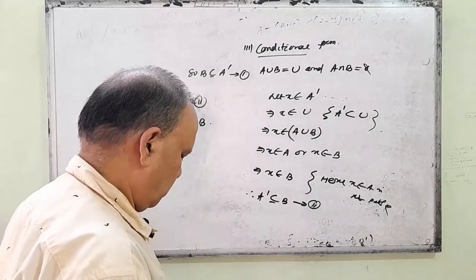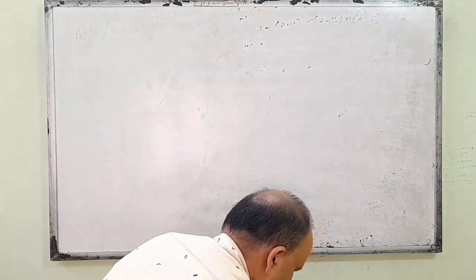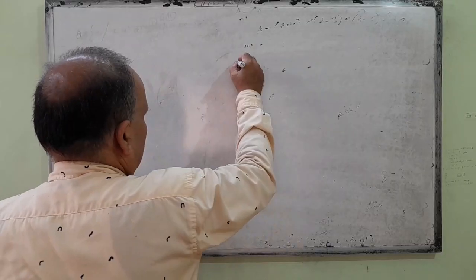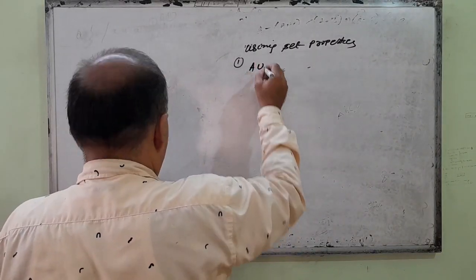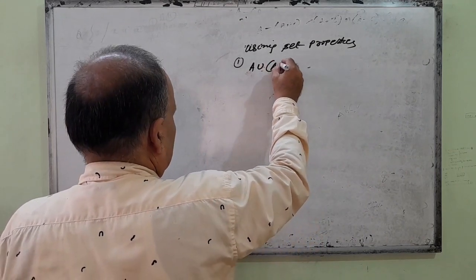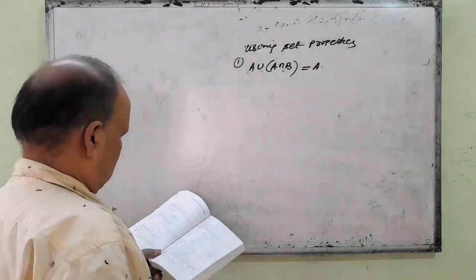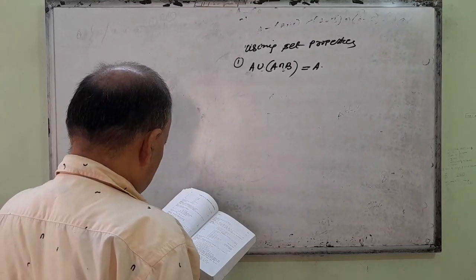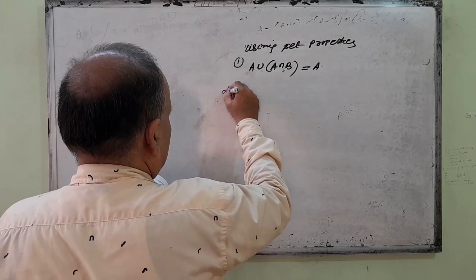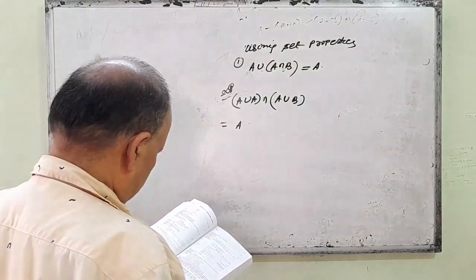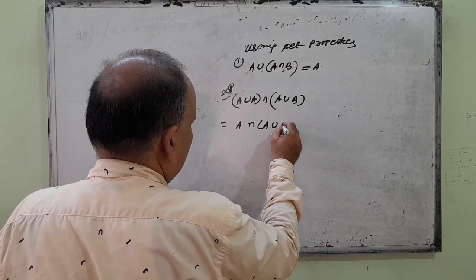Next, using set properties. Different types of proofs are there, 4 types of proofs. This one is using set properties. The question is: using set properties, prove that A union (A intersection B) is equal to A. On the LHS, you can write A union A as A intersection (A union B).